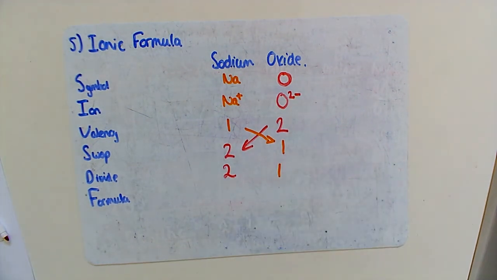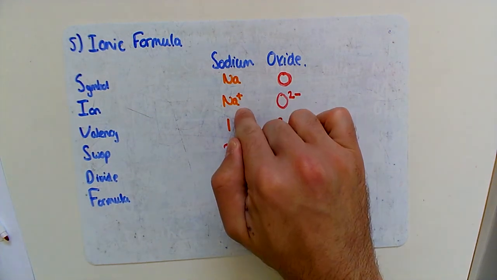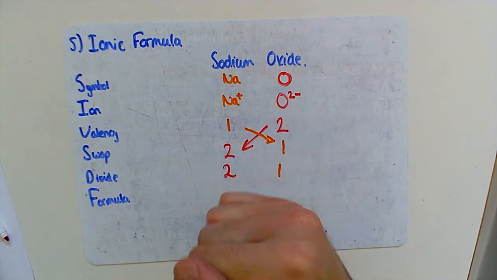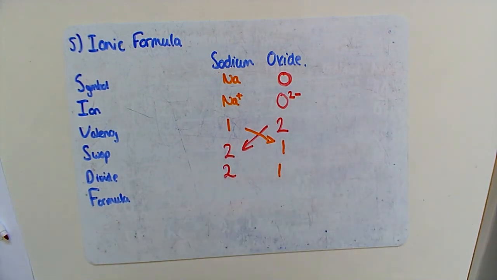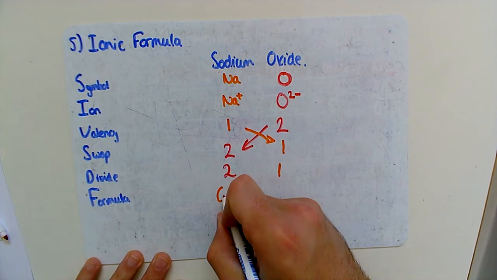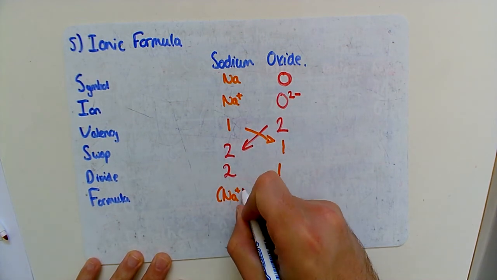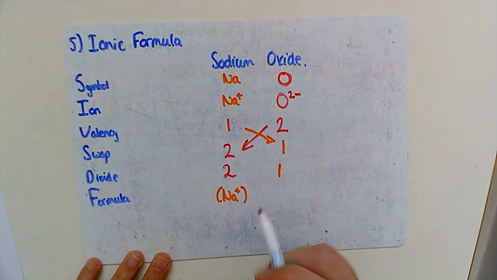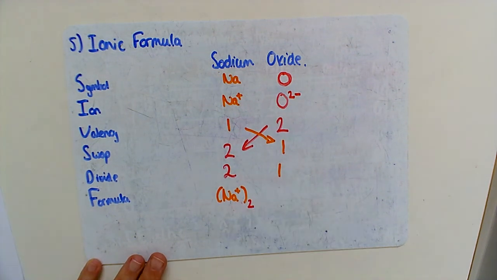Now when it comes to writing the formula, what we have to do is use our ion as the thing that we put in the formula, and we always put it in brackets. So Na+ in brackets, and the number underneath is a 2, so we put Na2.